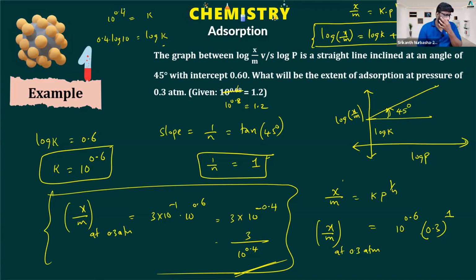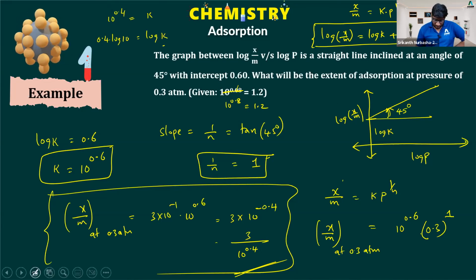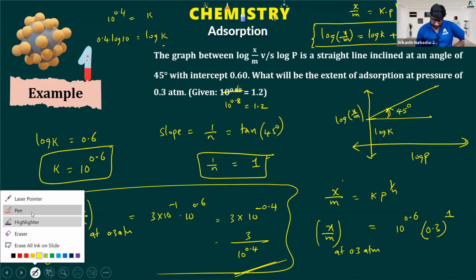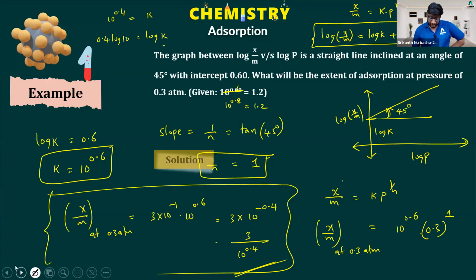Like 10 power 0.5, if you take, that will be closer to what? 3.1. 10 power 0.5 is root 10. Yes or no? So you can just do with the closest value and then you will get the answer. Right, students?